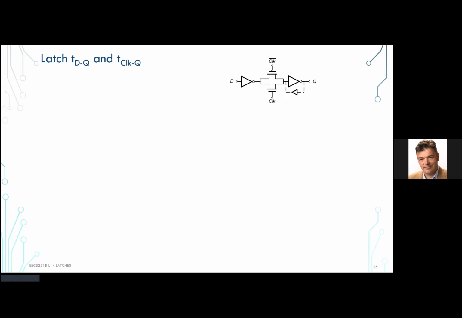So in order to find the delay here, what should I do? I should find out what my GF is. What is GF here? This gate has a logical effort of G1, so this is G1 F1 times G2 F2. What is the value?